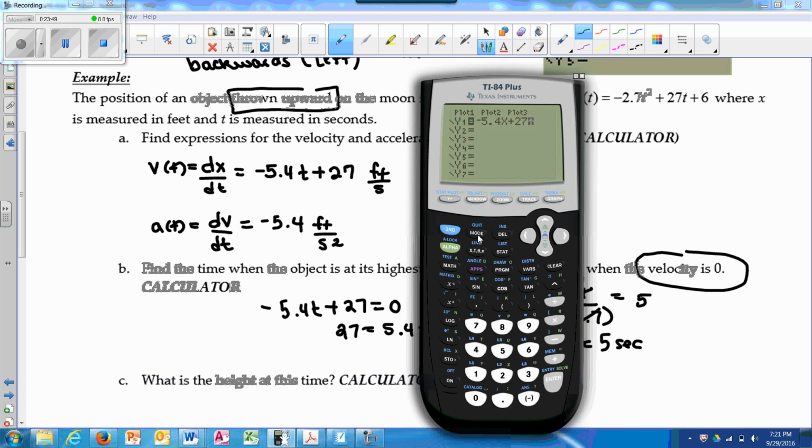So my position at pi over 4 is about 0.586. My velocity at pi over 4 is approximately negative 1.414, which you might recognize as about negative square root of 2.